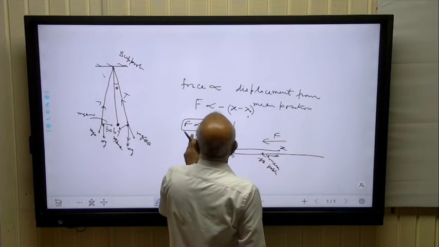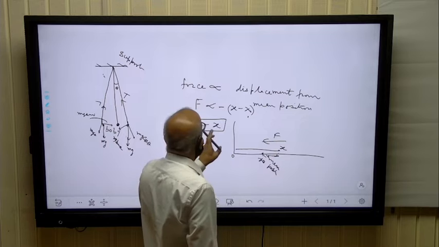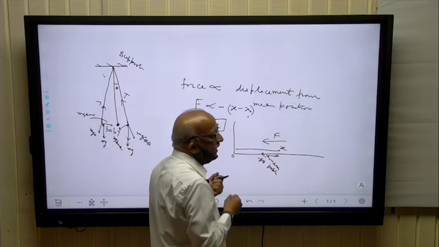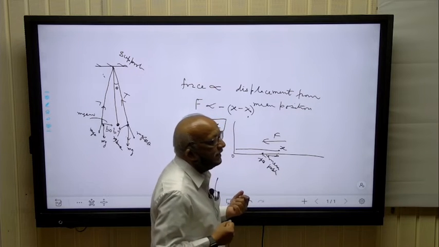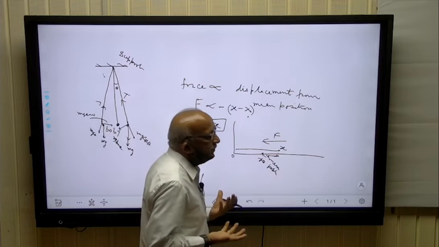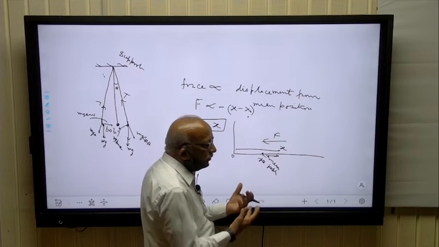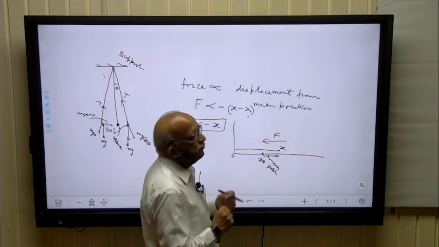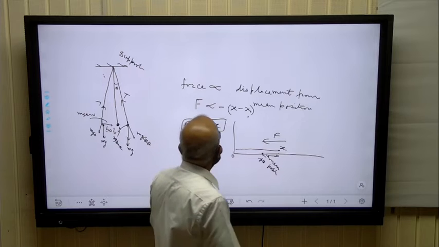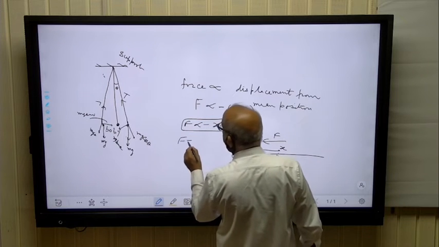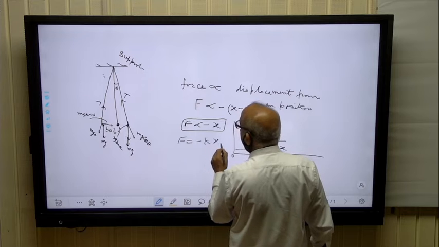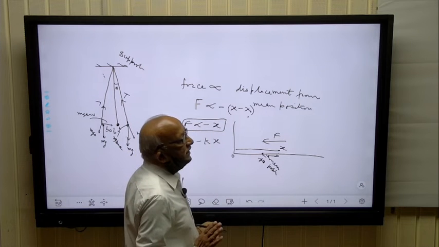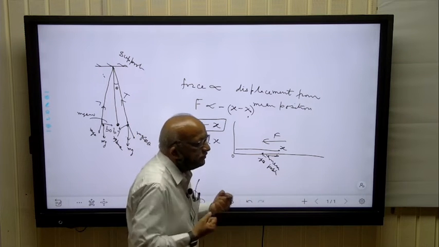Now, the force, and this is displacement. Force is trying to bring the particle to the mean position. It may be weaker or stronger in value. So, in order to represent this nature, we write F is equal to minus kx, where k represents the nature of the restoring force.